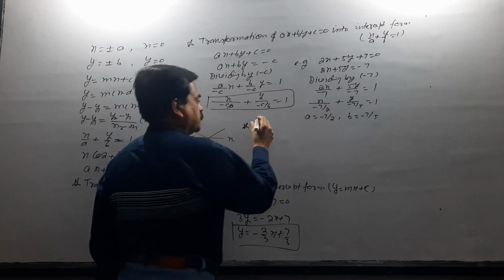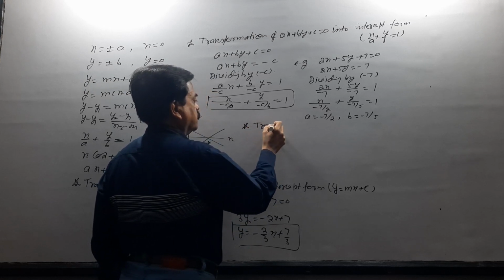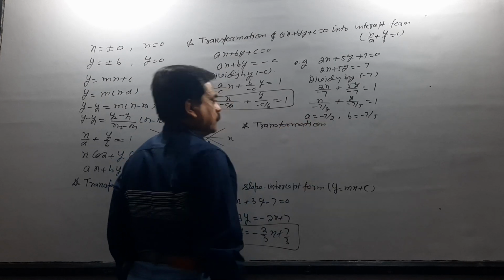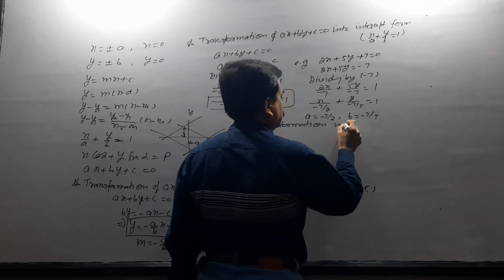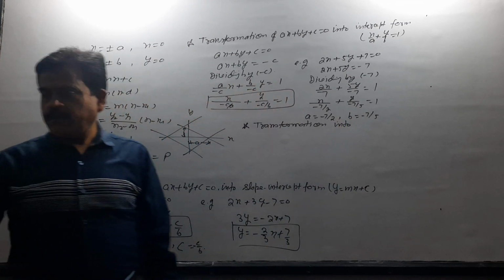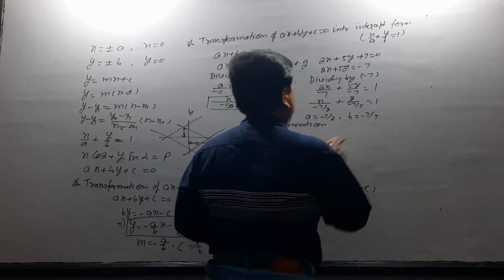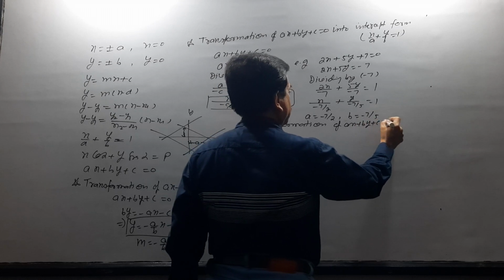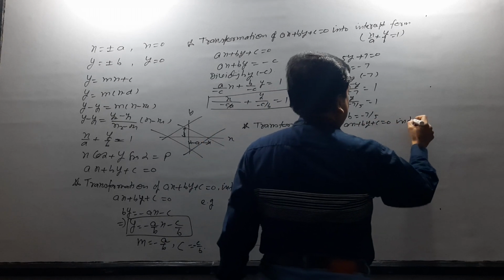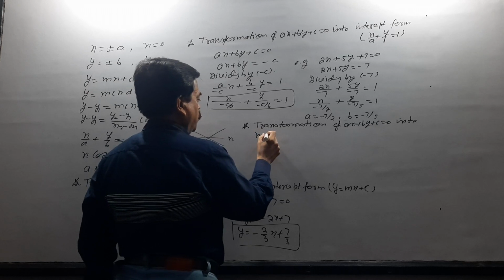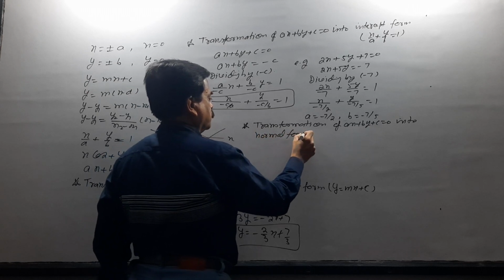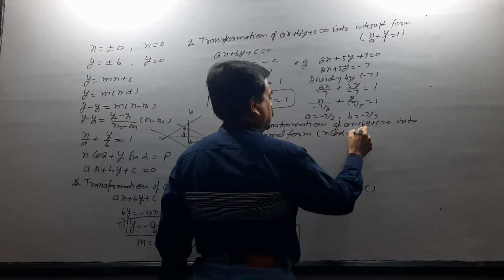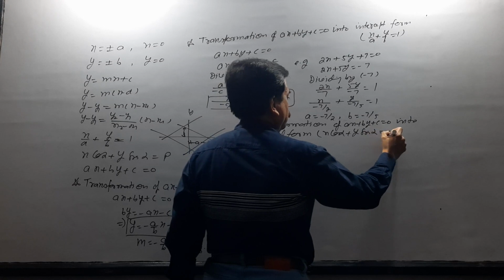Next, transformation of ax plus by plus c is equal to 0 into normal form, x cos alpha plus y sin alpha is equal to p.